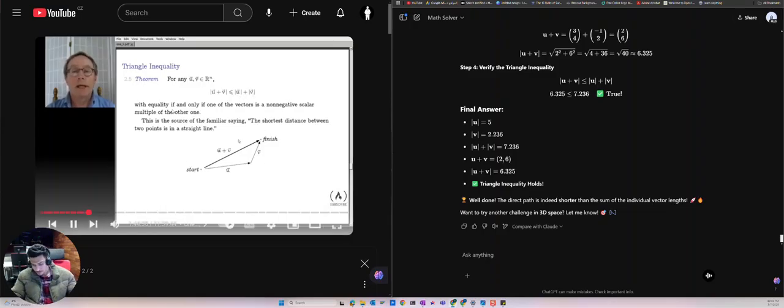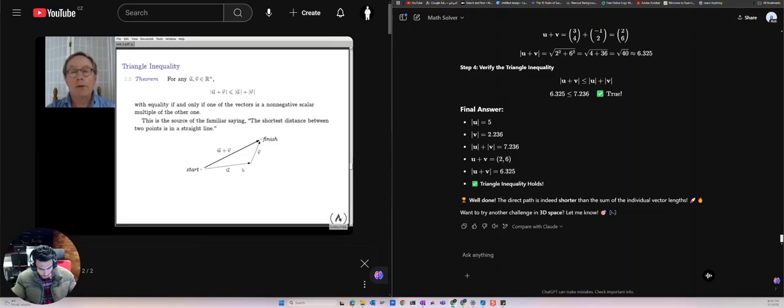And this picture really tells you what you want to know here. The length of u plus v, so that's the length of u plus v right there, that's the darker of the two vectors, is less than or equal to the length of u plus the length of v.